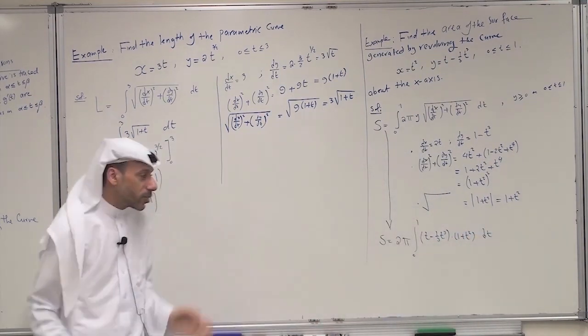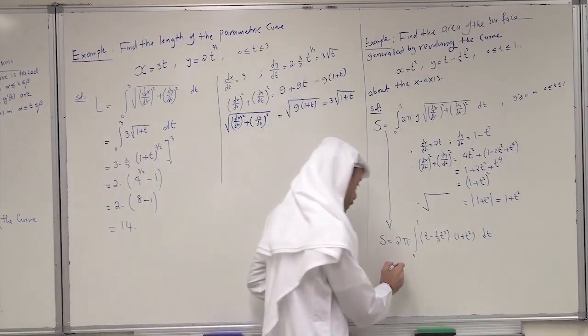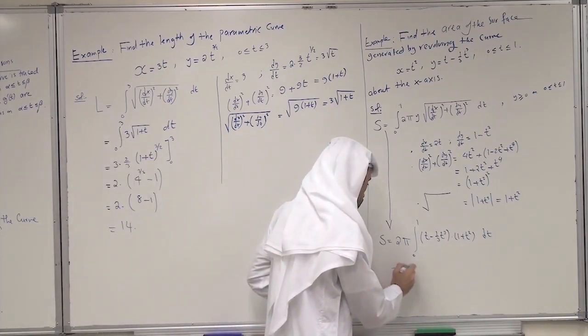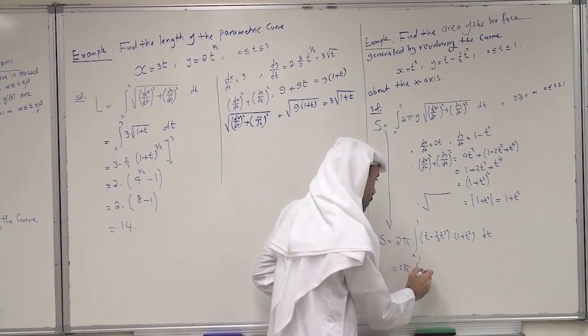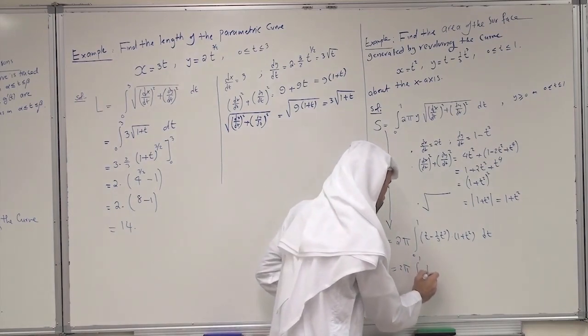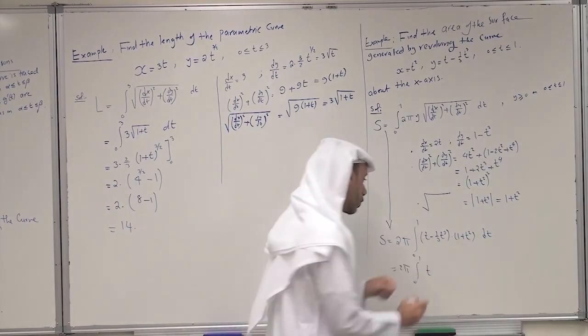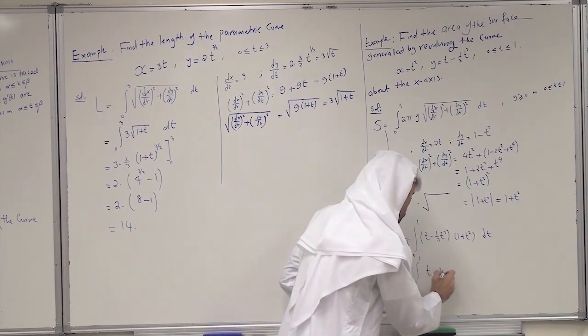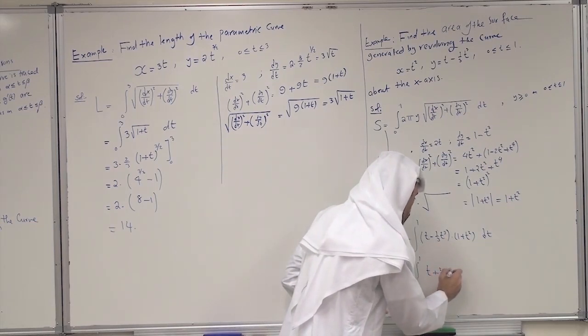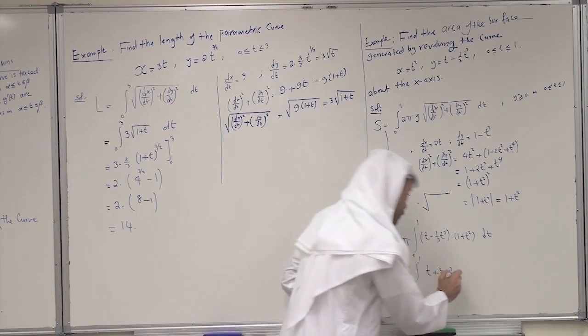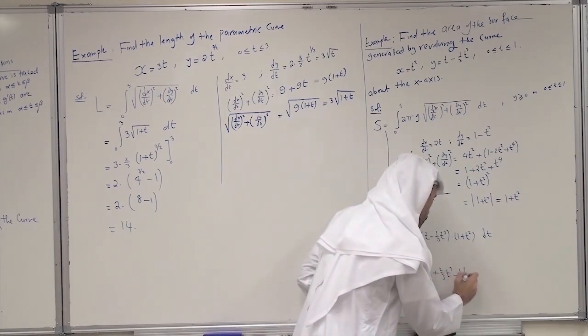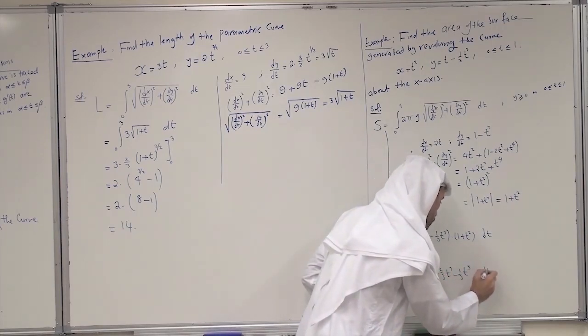To integrate this, you just multiply the two polynomials. This equals 2 pi, integral from 0 to 1. When you multiply, you get t minus 1/3 t cubed plus t cubed minus 1/3 t to the power 5, dt.